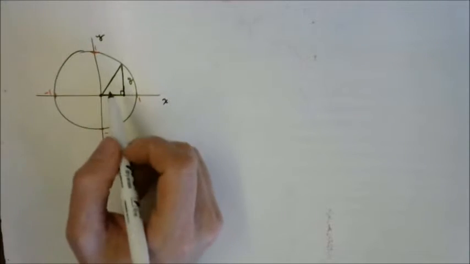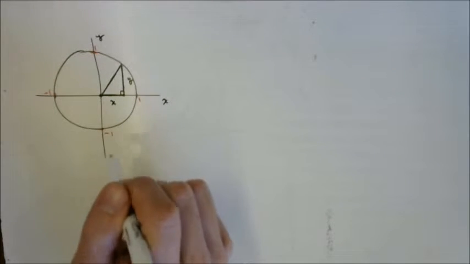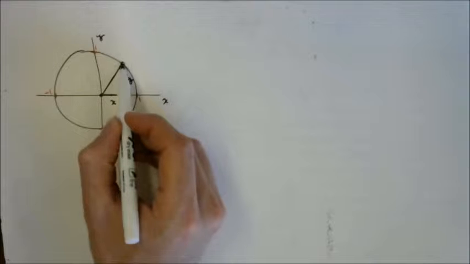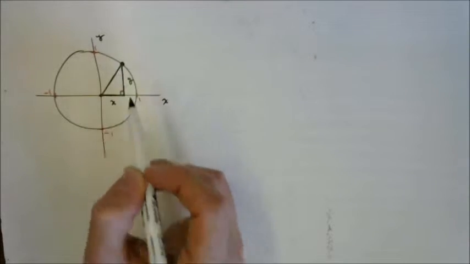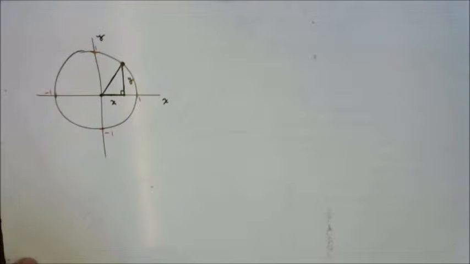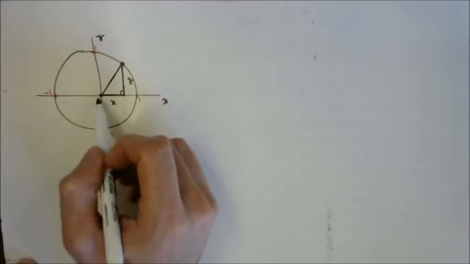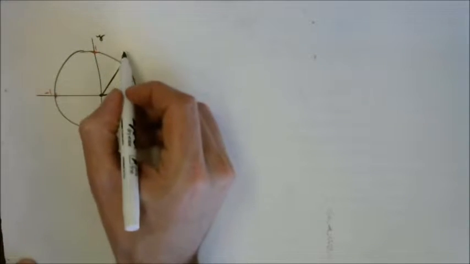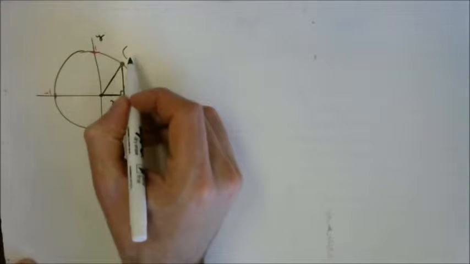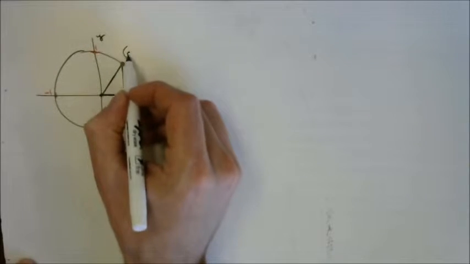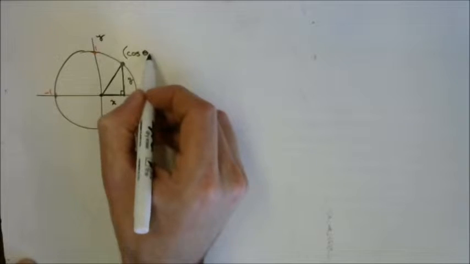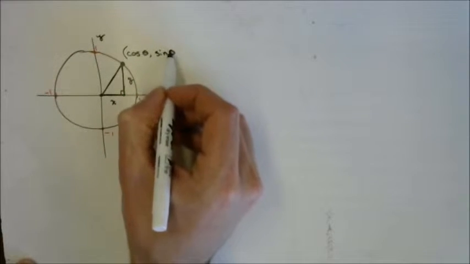Now, this is a coordinate plane, so every point can be represented by coordinates. Well, it turns out that where the terminal arm meets the unit circle is represented by the coordinates cosine theta, sine theta.